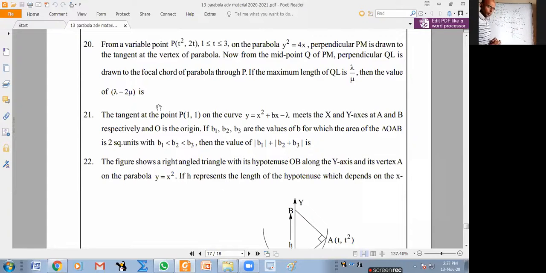Now from the midpoint Q of PM, perpendicular QL is drawn to the focal chord through P. From the midpoint Q, QL is drawn. The maximum length of QL is lambda by mu.